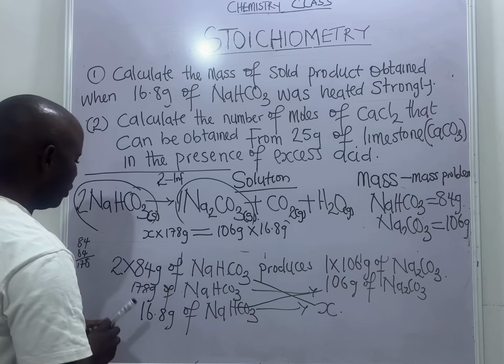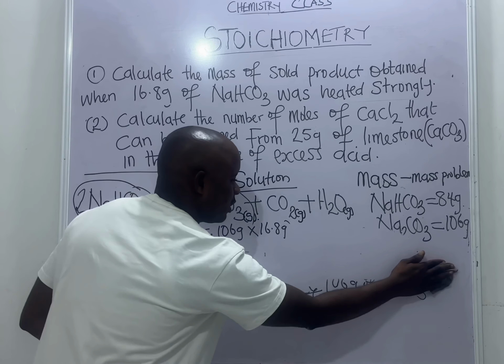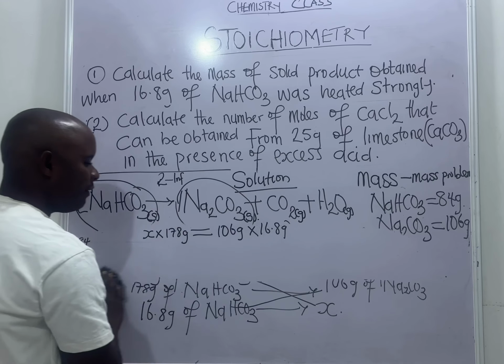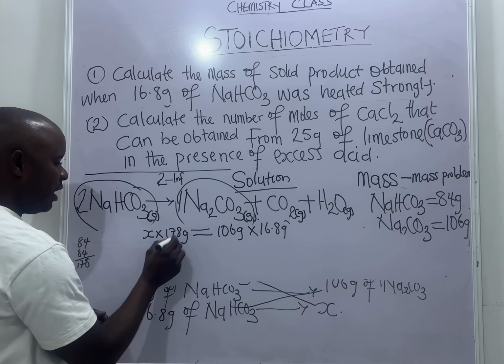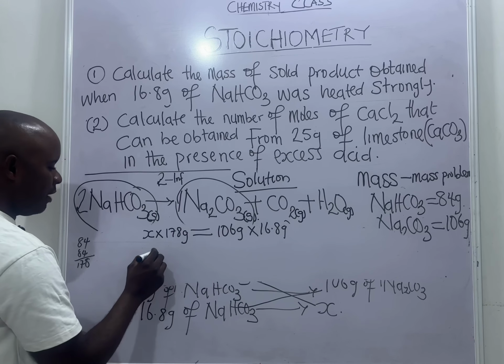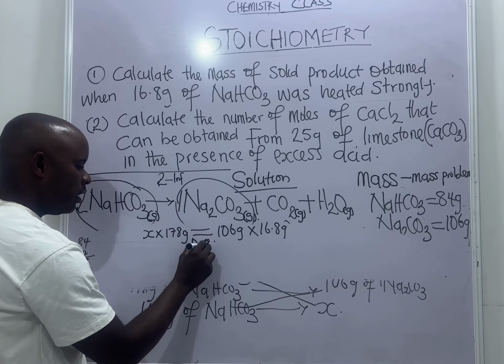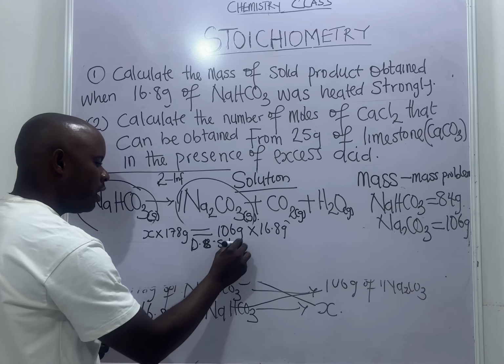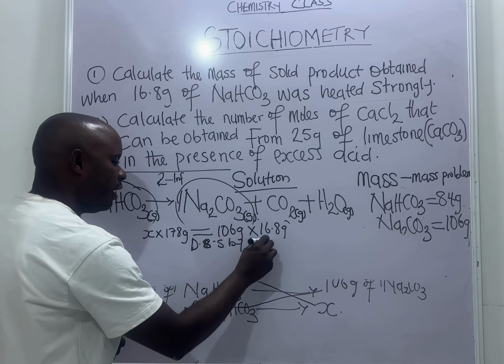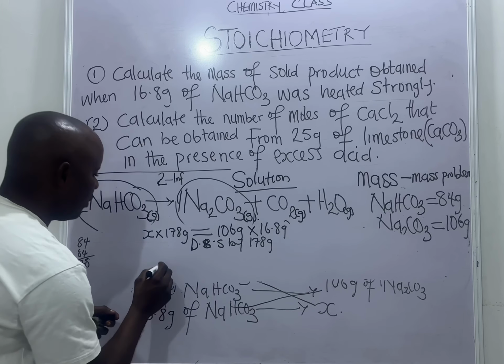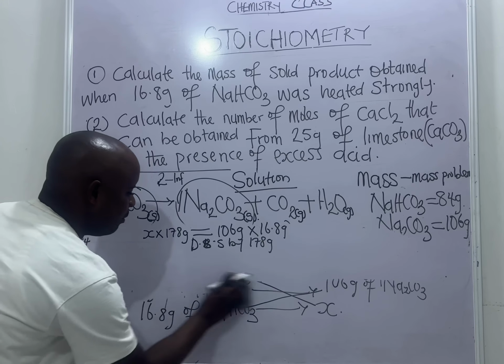So we have made the equation linear. By so doing, for us to have S on its own, we divide both sides by 178 gram.